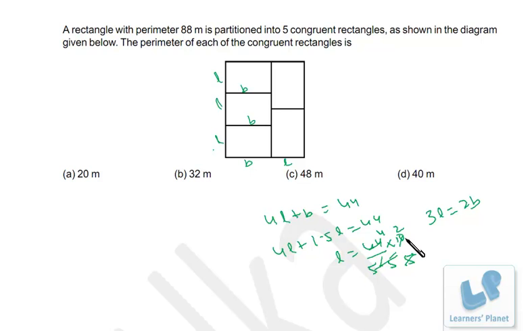If L is 8, B will be 3 into 8 by 2, that is 12. So L plus B will be 8 plus 12, that's 20. So 2 times L plus B will be 40. That means the perimeter of one rectangle will be 40.